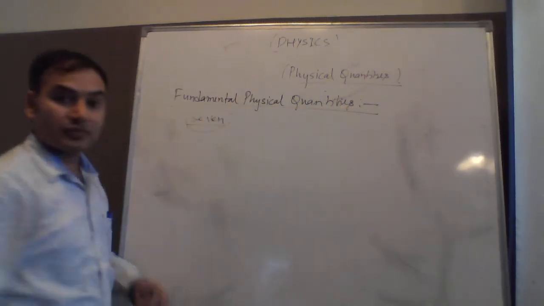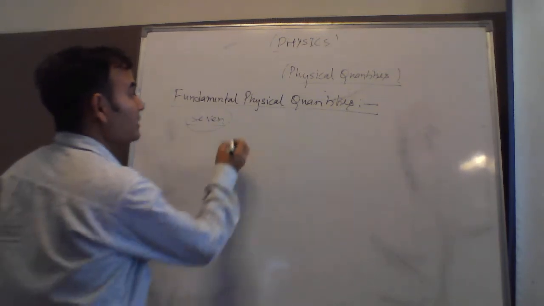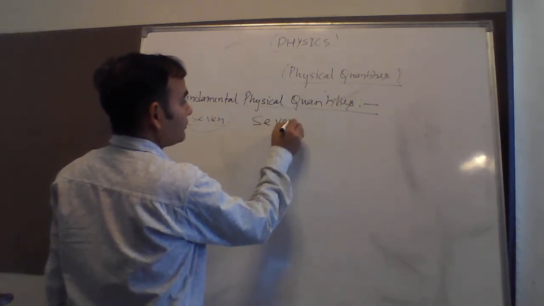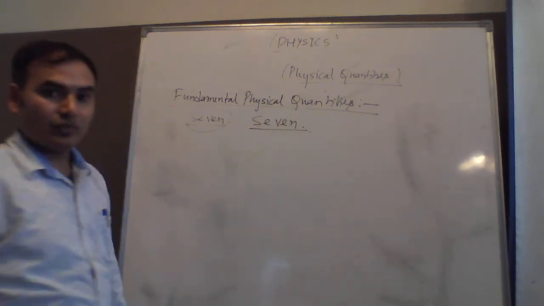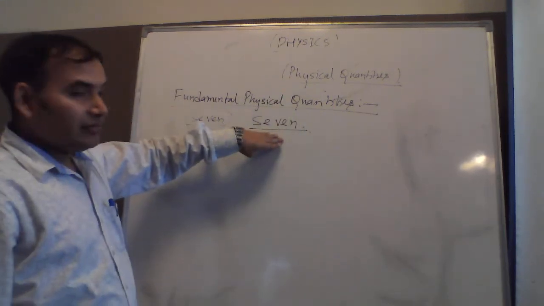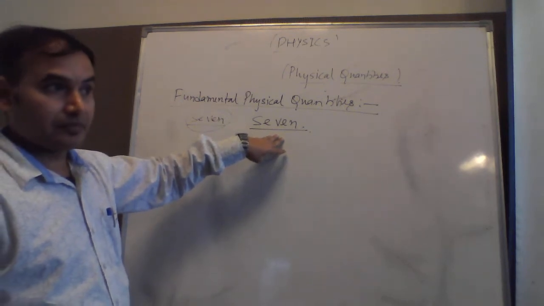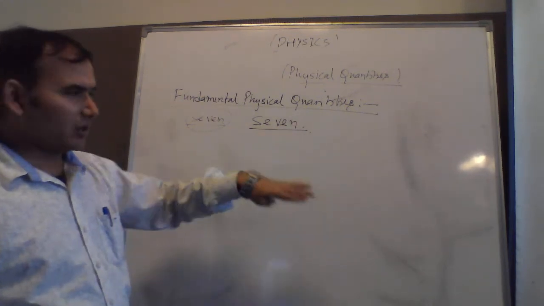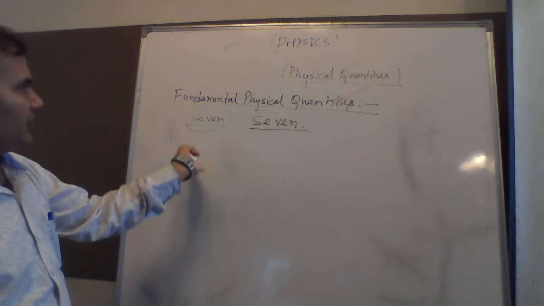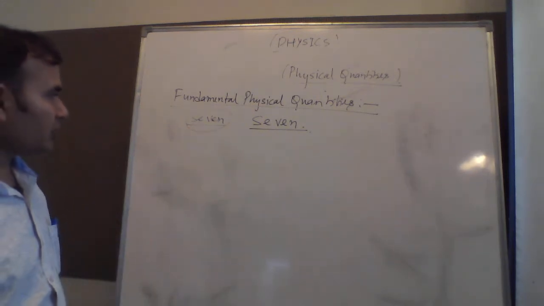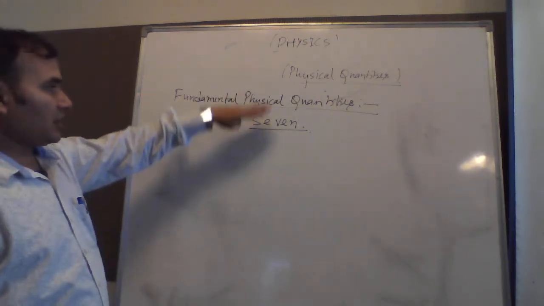How many? 7 only. Except these 7, all the physical quantities are derived. And 2 supplementary quantities are also there. They are not fundamental, not derived, but they are supplementary quantities. So first are the 7 fundamental quantities.